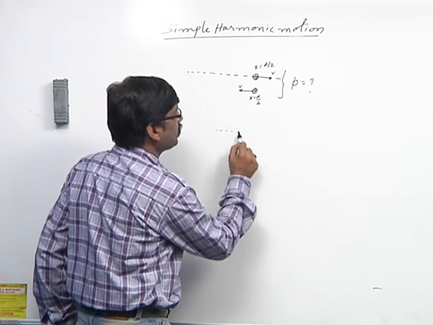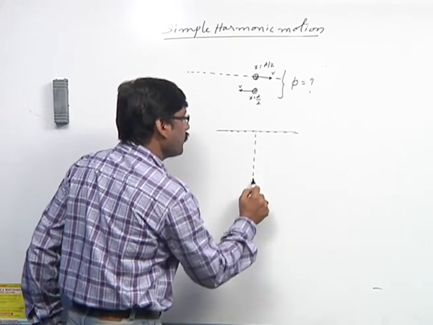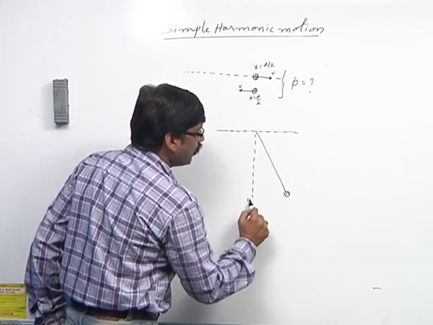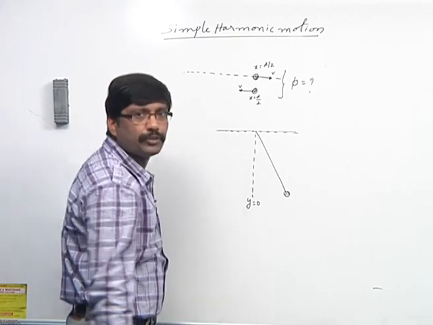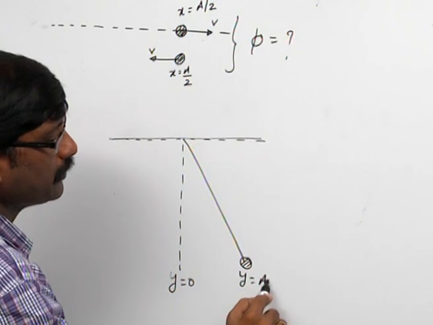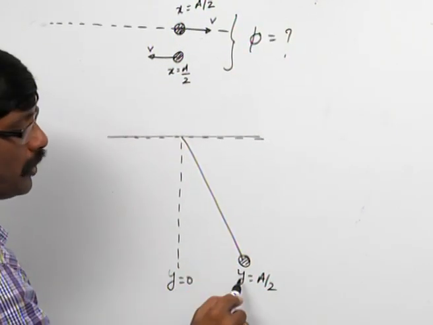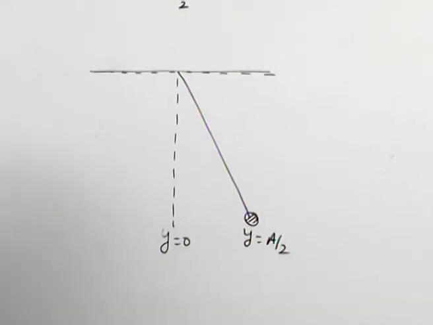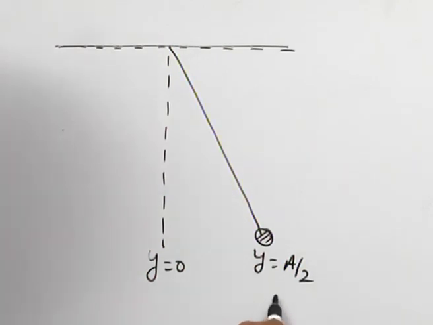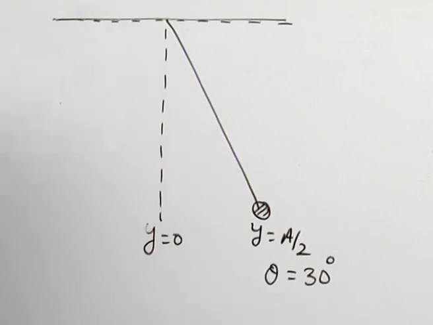Let us say a simple pendulum. Y is equal to 0 means phase is 0. Y is equal to a by 2, what is the phase? Y is equal to a sin theta. When y is equal to a by 2, theta is 30. The phase of this is 30 degrees or pi by 6 radians.